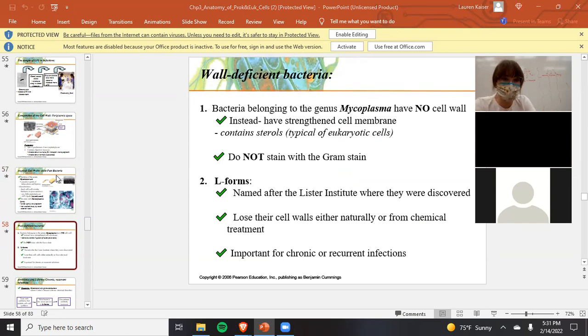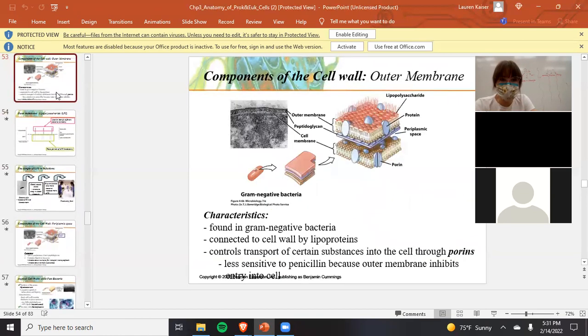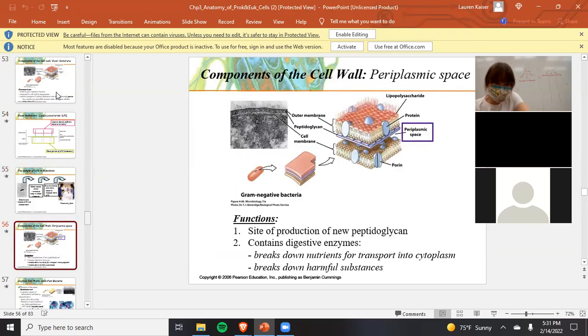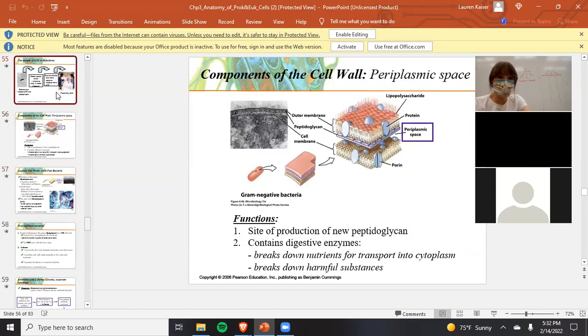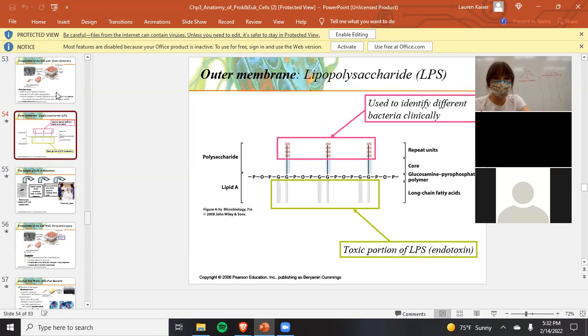What is an exotoxin? Let me get back to the slide. Okay, so we have our endotoxin and our exotoxins. Our LPS is an endotoxin.